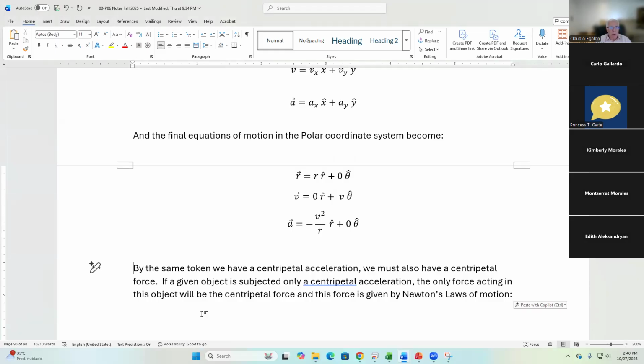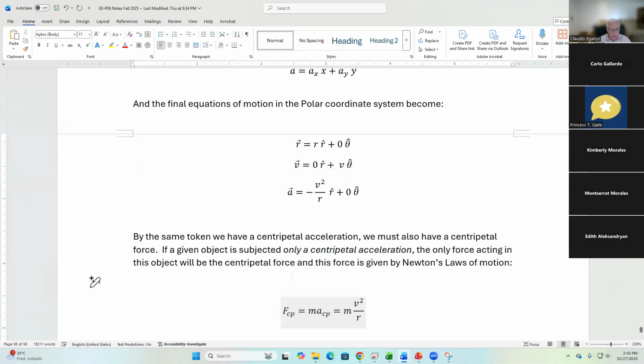If the only acceleration of a particle under uniform circular motion is the centripetal acceleration, the only force acting on this object will be a centripetal force. And Newton's law of motion becomes centripetal force. But don't forget, this is for uniform circular motion only, right?